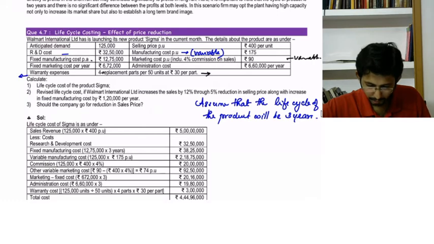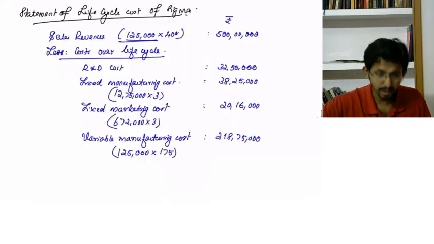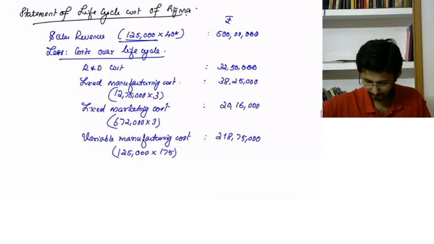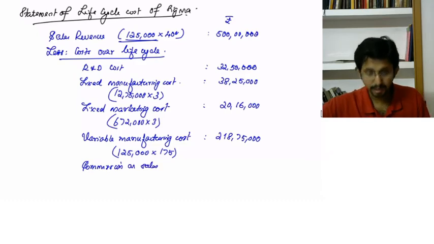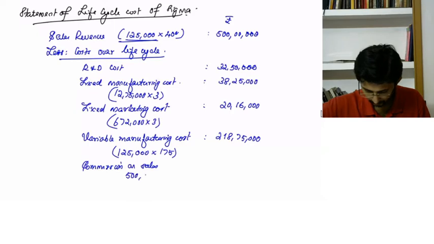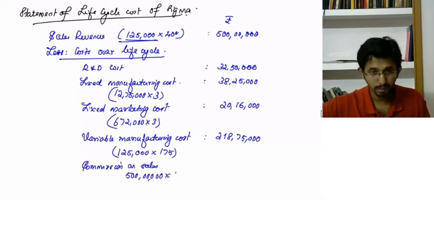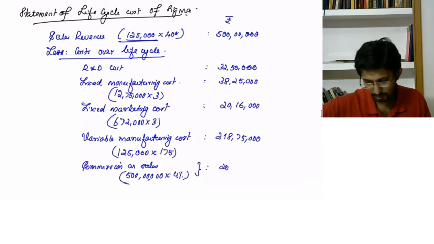Then you have something called marketing cost, including 4% commission on sales. So first we will take the commission on sales. Commission on sales will be 5 crore into 4%, that will give you 20 lakhs.